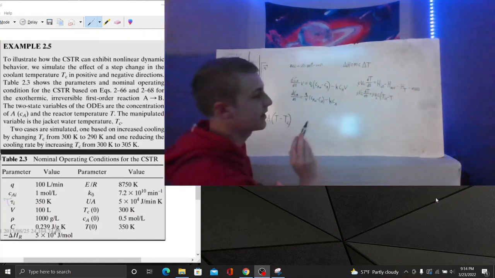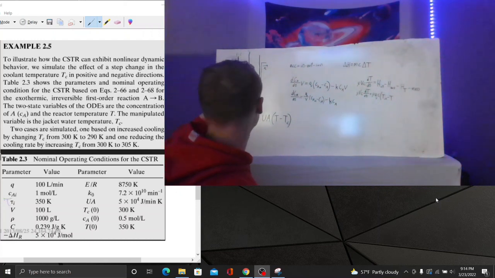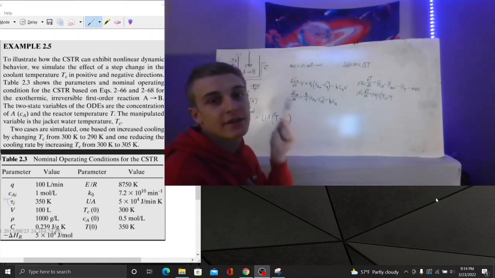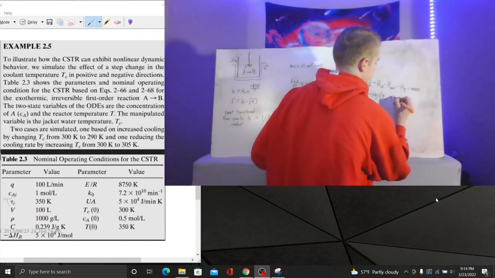And the temperature out will actually be equal to the temperature in the reactor, just like the concentrations. So this will just be T right here.